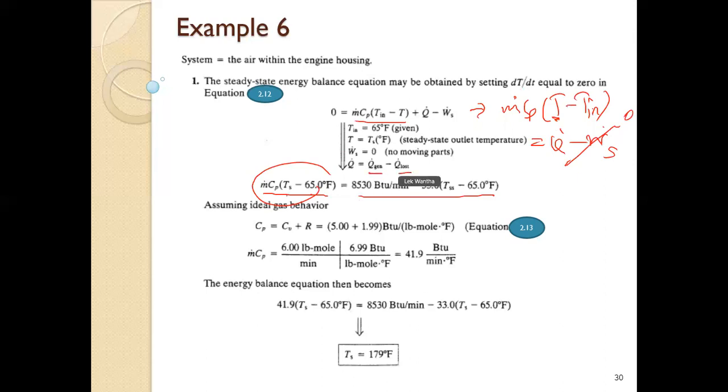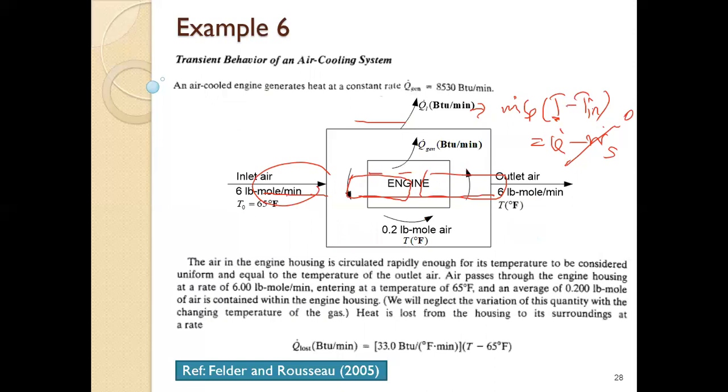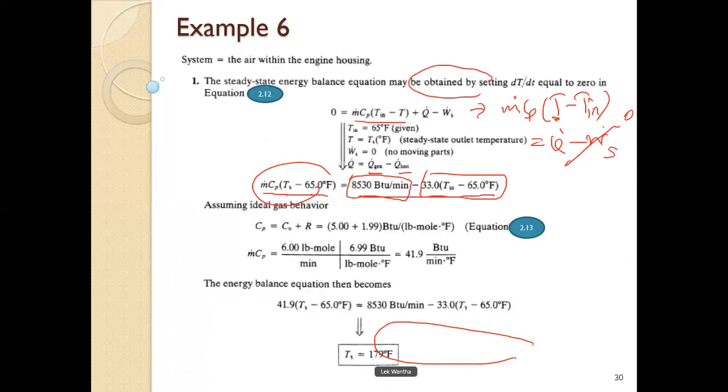This is the Q gen. This is the Q naught from the problem statement. Q naught is a function of time.